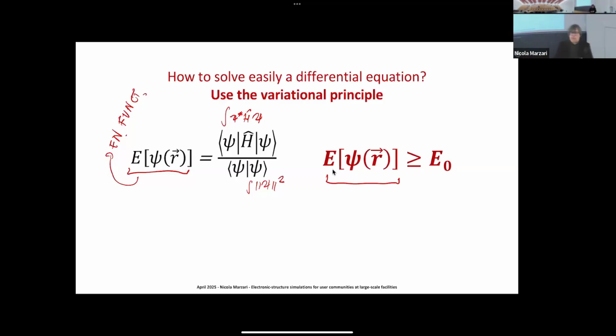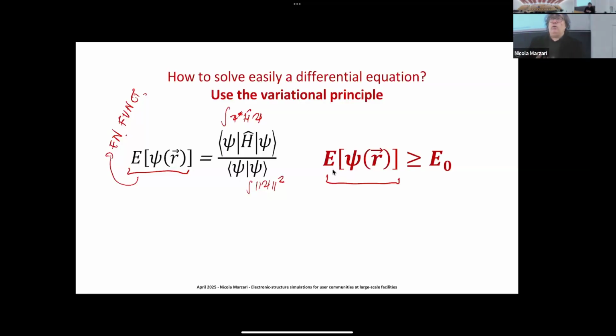So you would be able to find E0. In general, it's very difficult, but what you can do very simply is feed the beast a lot of different psi, and then take the minimum energy that you have gotten from all these trials, and that's your best estimate for the ground state energy.